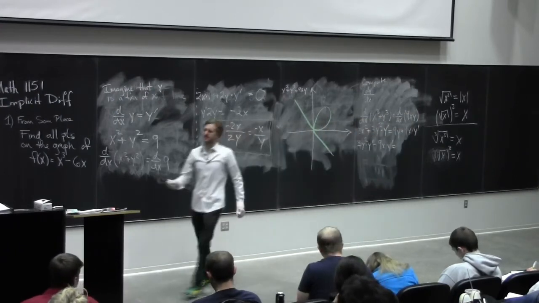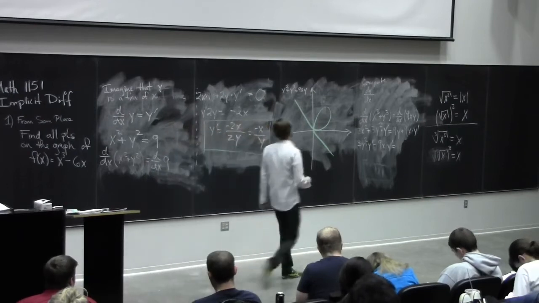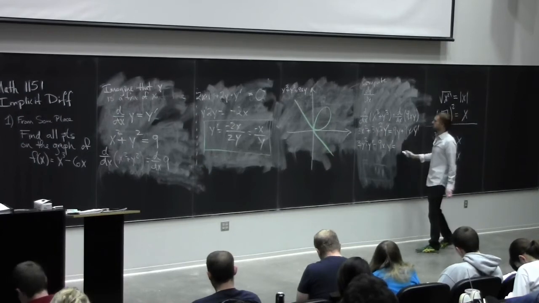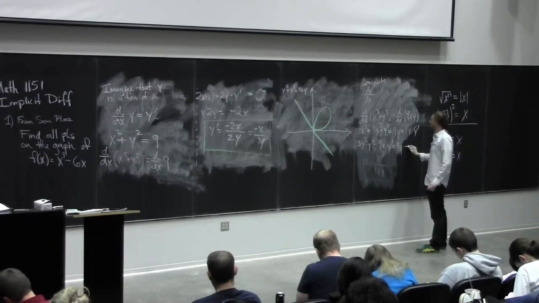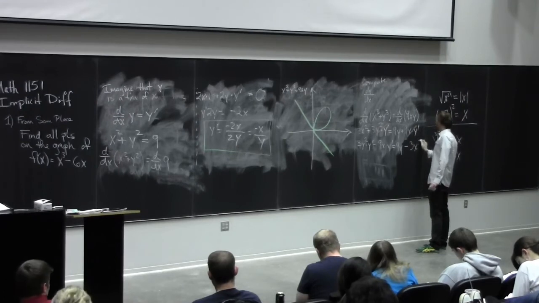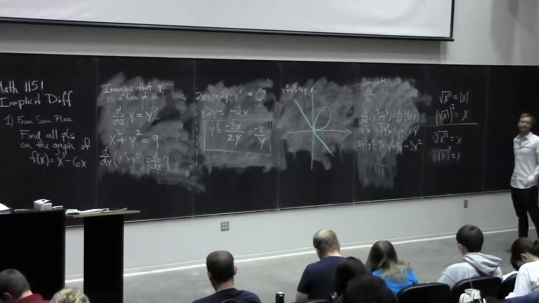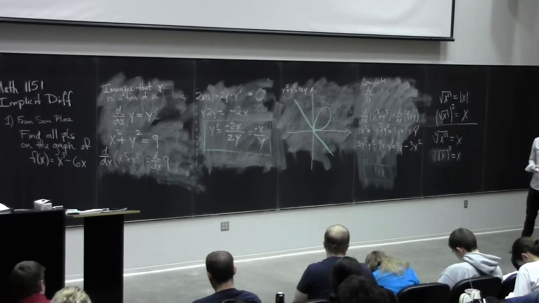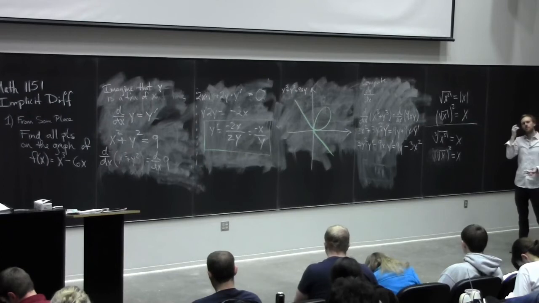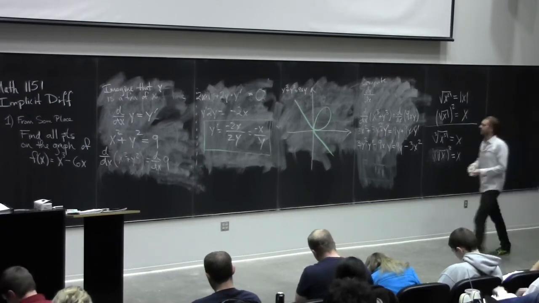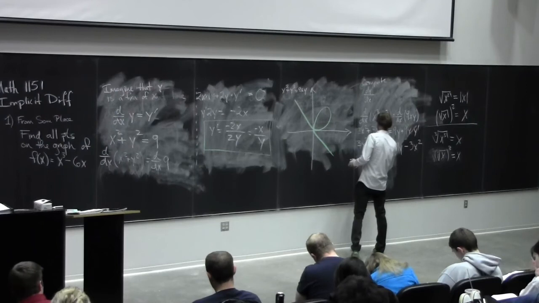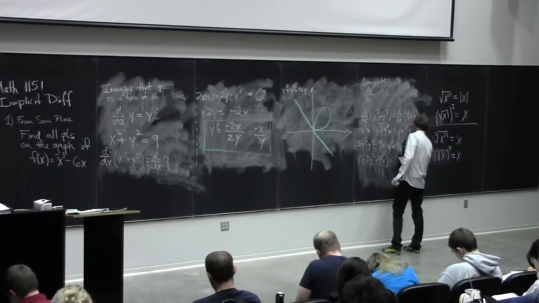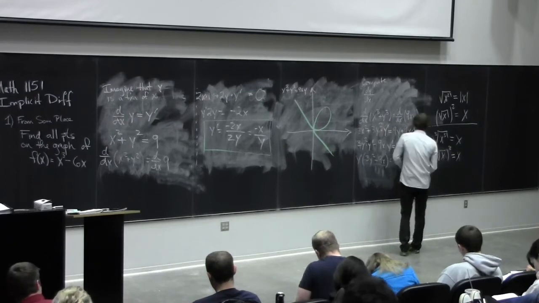I'll cross things out as I use them. Equals 9y minus 3x squared. Look good? Now I factor out the y prime. Y prime times 3y squared minus 9x equals 9y minus 3x squared.